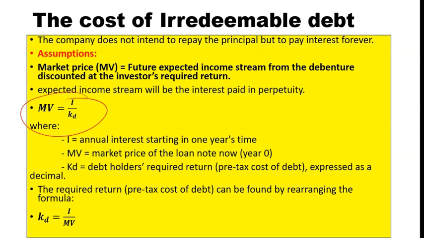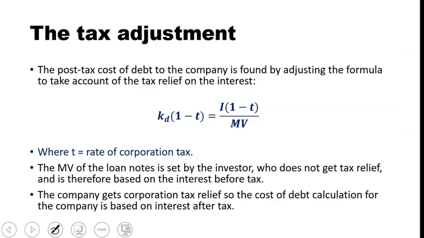The required return, the pre-tax cost of debt, can be found by rearranging the formula. Okay, so this is the information. So we need to make some tax adjustments where appropriate. Okay, the post-tax cost of debt to the company is found by adjusting the formula to take account of the tax relief on the interest.